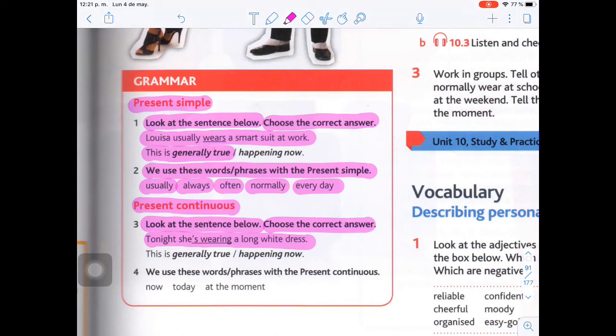And now you can say that it is happening now. Good. And now, these words that we have at the end, it says we use these words or phrases with the present continuous: now, today, at the moment. Okay? So, in the present simple, we use adverbs of frequency or frequency adverbs. And in the present continuous, we use now, today, at the moment.